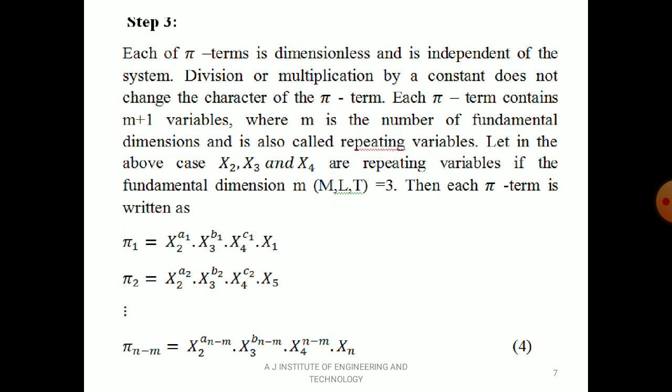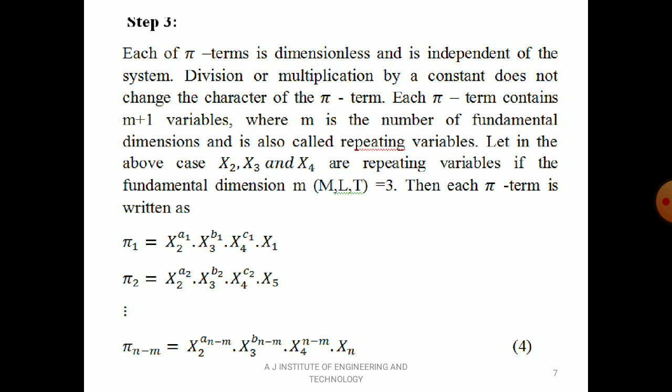That means whatever system you follow, like CGS or MKS, it has no unit, because it's dimensionless. So a division or multiplication by a constant does not change the character of the pi term. We can multiply or divide by any constant, that is not going to change the value of the pi term.